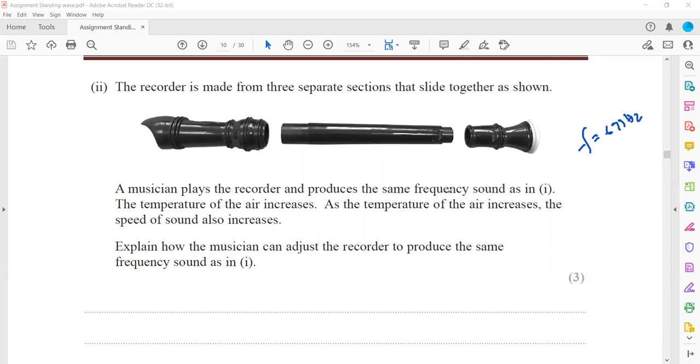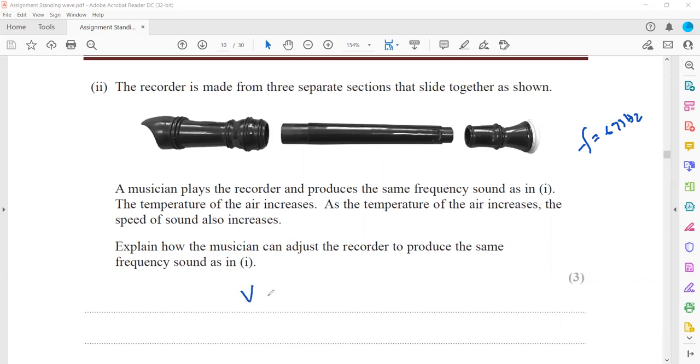But this time, by changing the length, the temperature of the air increases. As the temperature of the air increases, the speed of sound will also increase. Explain how the musician can adjust the recorder to produce the same frequency.